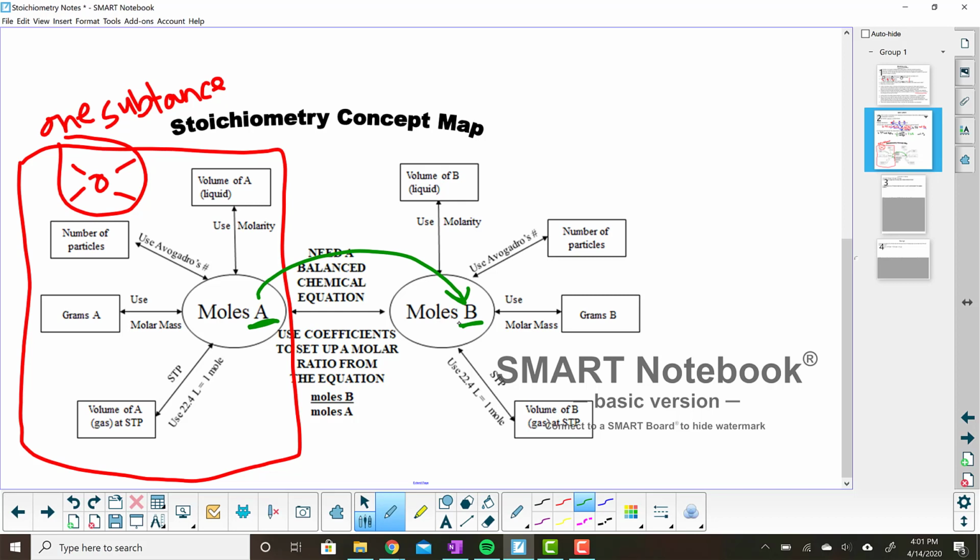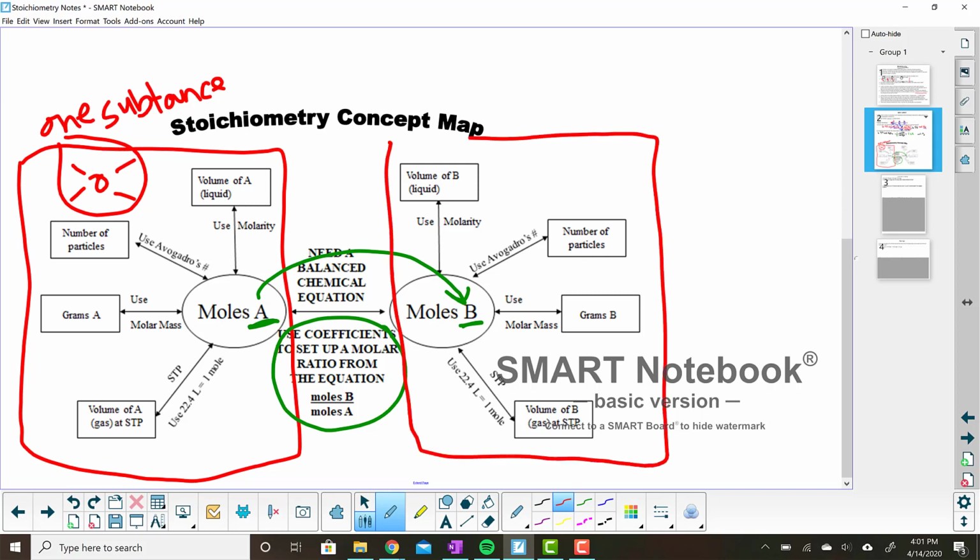And that's by using the coefficients to set up a molar ratio, where we convert between moles of A and moles of B. And then once I'm on the other side of this map, right now everything over here is just like it was on the front side.